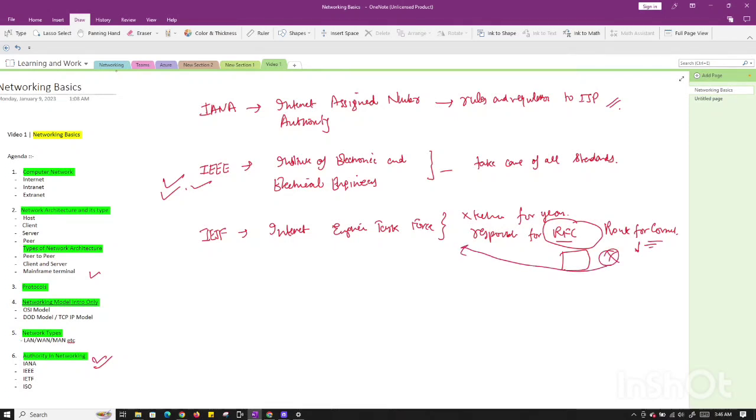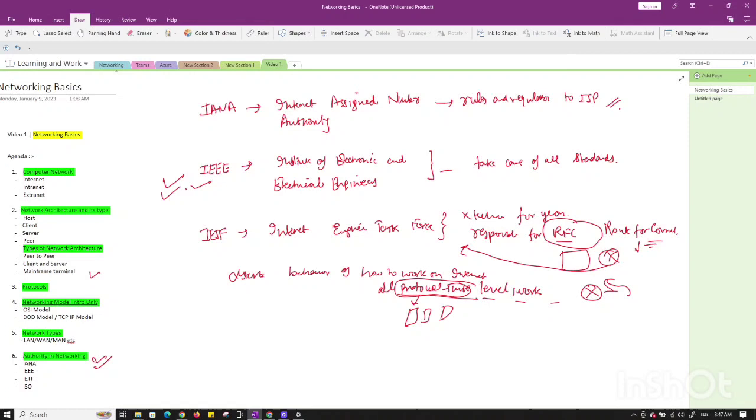They are responsible for that. Then they also describe the behavior of how to work on the internet, all protocol suites. What is a protocol suite? It's a collection of multiple protocols. If any protocol is broken by anybody, they are responsible for that.